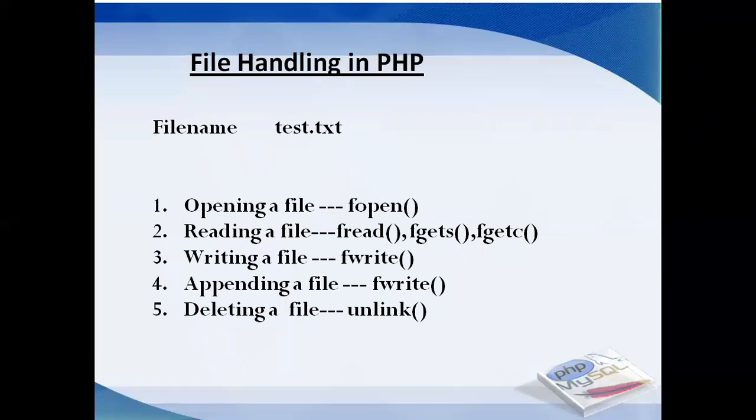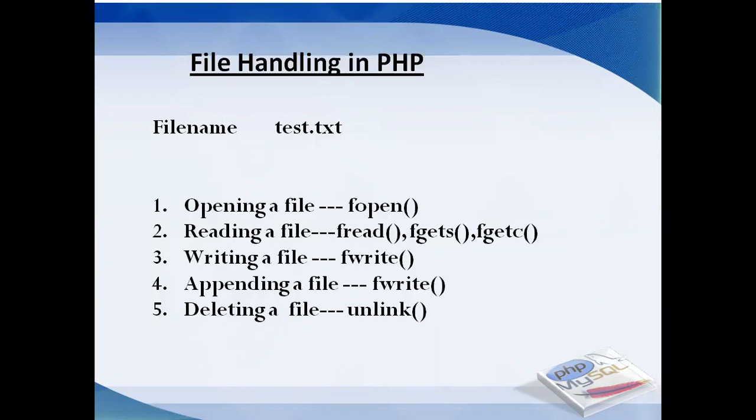For example, you want to store your resume data in one file, consider it is the test.txt file. Consider it is your resume, your total data available within the test.txt file.